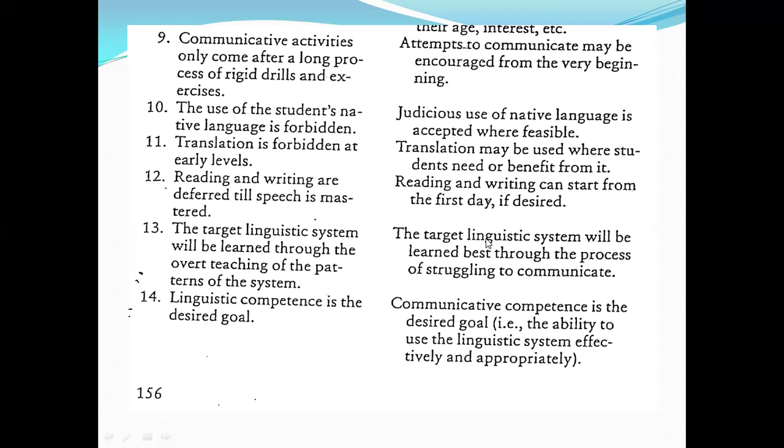So teaching and learning in CLT is more challenging. If we can apply CLT in its fullest sense, it can be the most beneficial English language or target language teaching approach of this world.